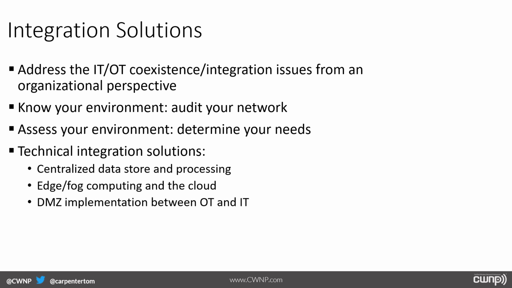Well, we have to think about centralized data store and processing. So one of the big components of integration is getting data from disparate sources and bringing them together into an aggregate format that can be beneficial or useful. And there are different ways that we do that. Sometimes it's on premises. Sometimes it's in the cloud, but we have to think about how we're going to accomplish that.